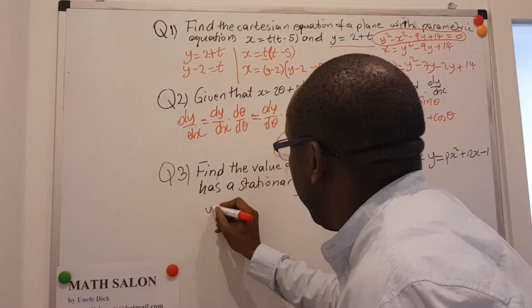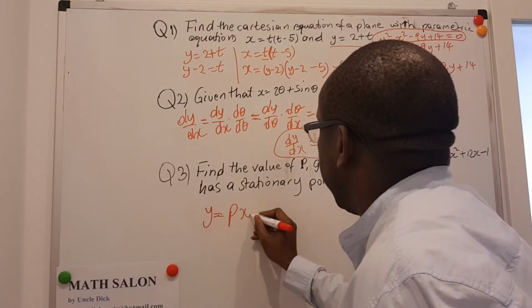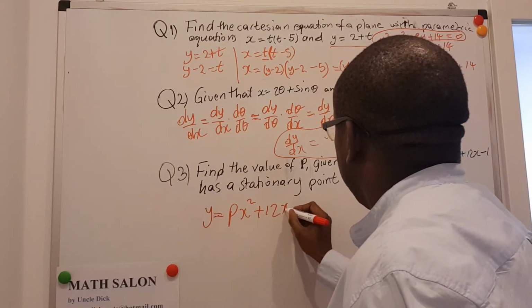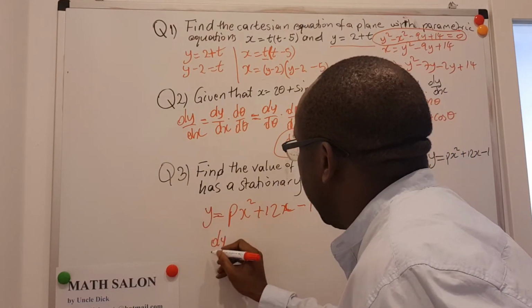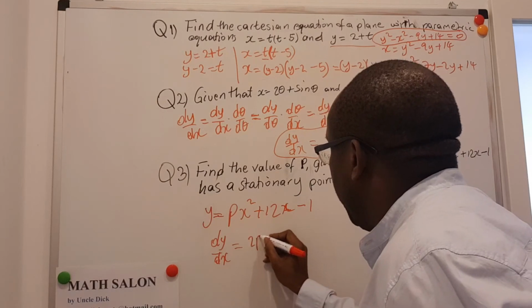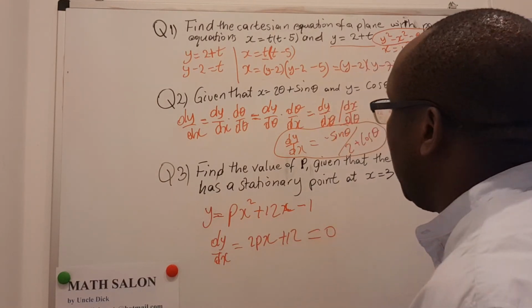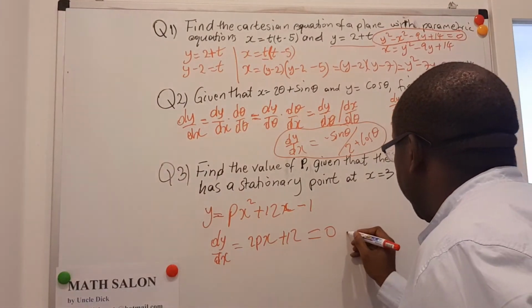So if my y is given as y is equal to px squared plus 12x minus 1, then my dy dx is equal to 2px plus 12, and this should be equal to 0 at the point when x is equal to 3.